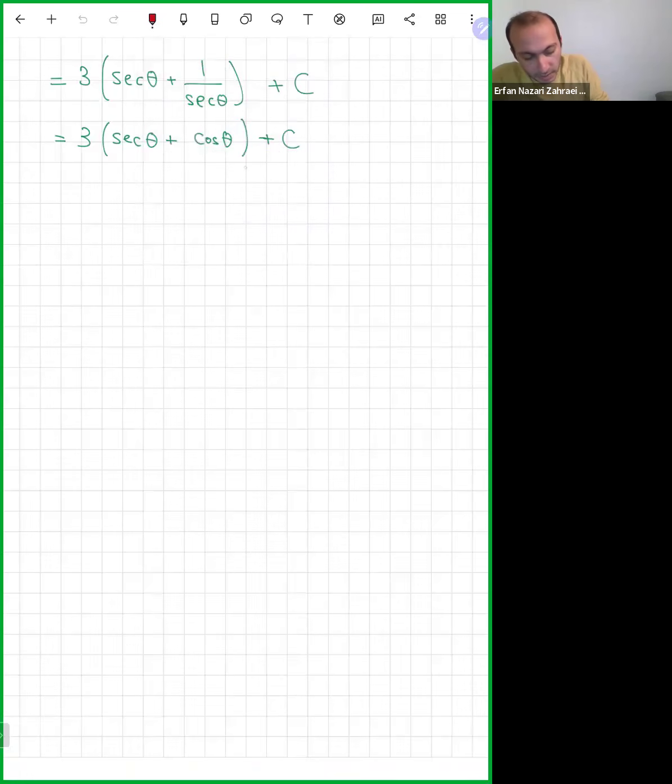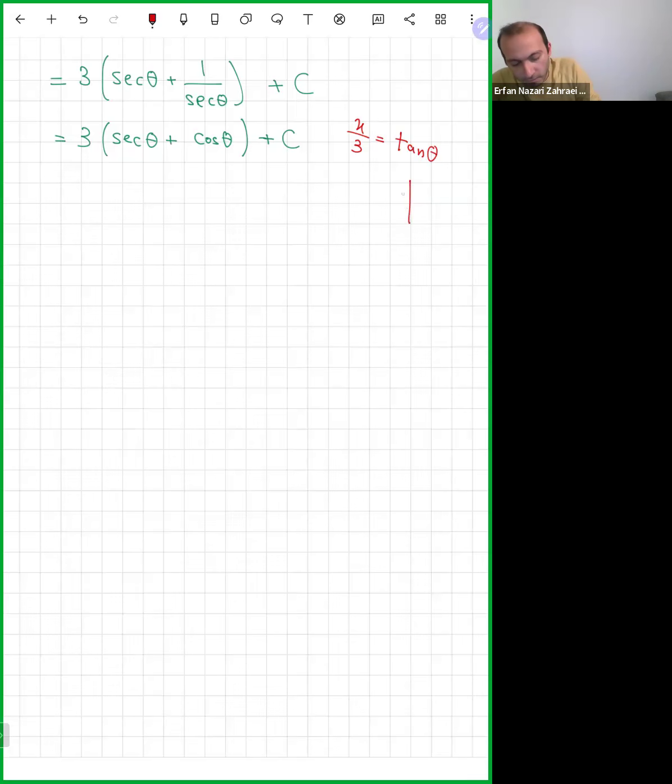I should use the fact that the relationship between theta and x is this. In other words, moving 3 to the other side of the equality, tangent is x over 3.